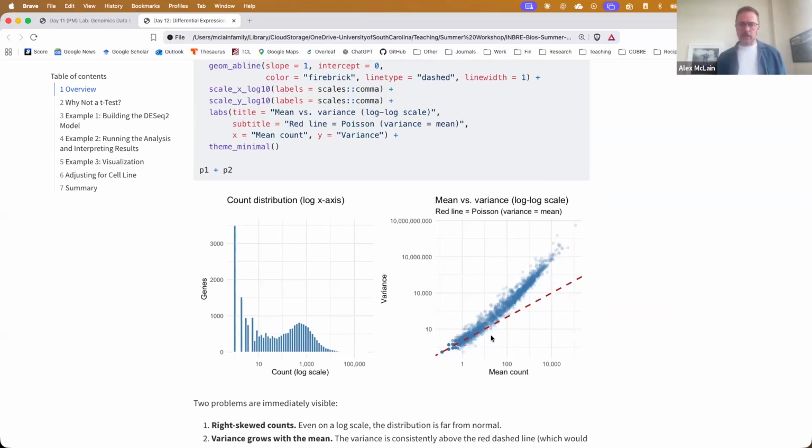The red line here is where the mean would be equal to the variance. That is not the case here, particularly when the mean is large. There's clearly a much larger variance than there is a mean. So what this shows is that the variance grows with the mean, and it grows even faster than the mean does.